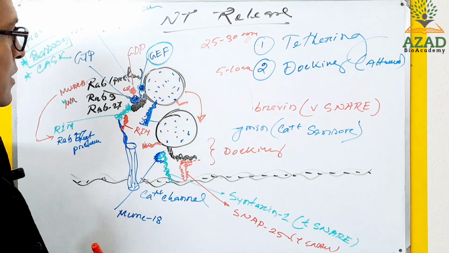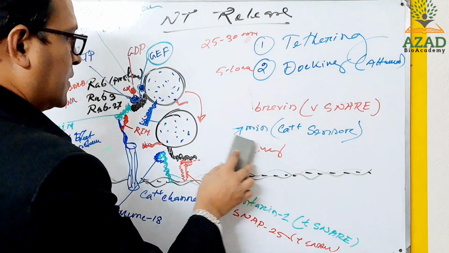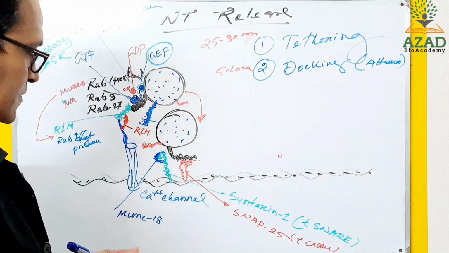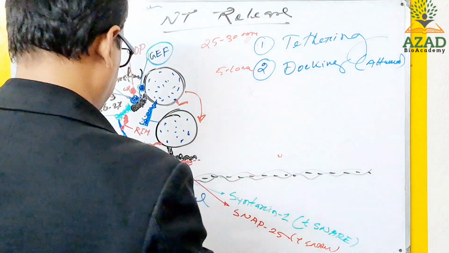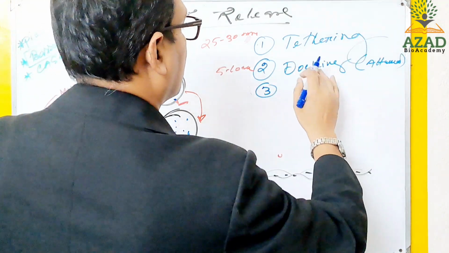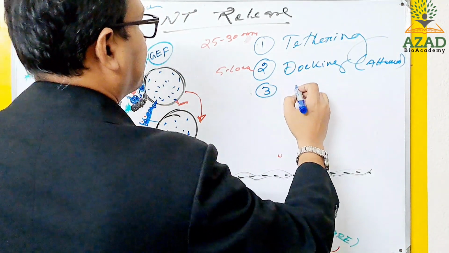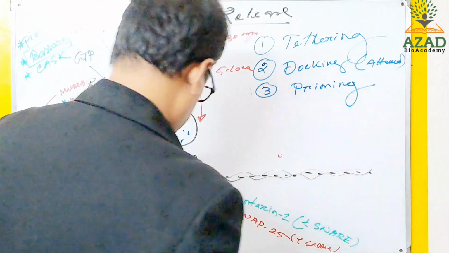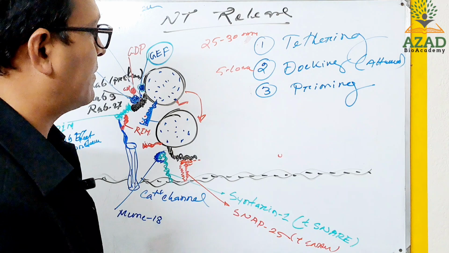Okay, so now what will happen? Now go for the third stage, that is priming. So during priming, what will happen?